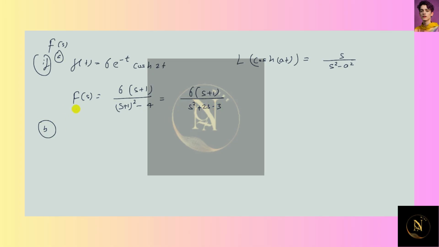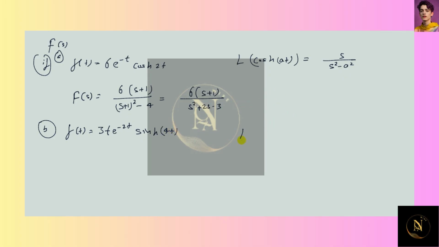Now we have to find the Laplace if we are given the function f(t) = 3t e^(-2t) sinh(4t).